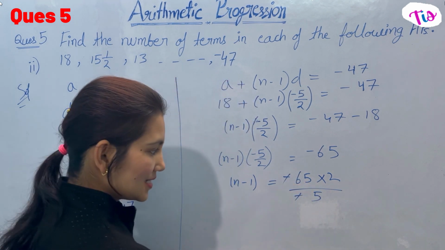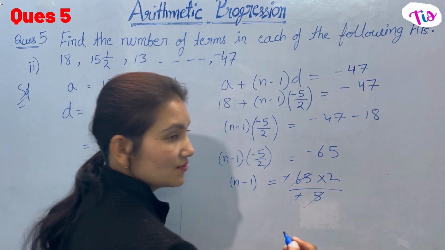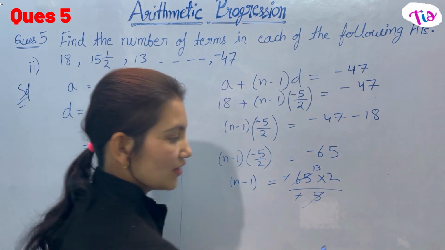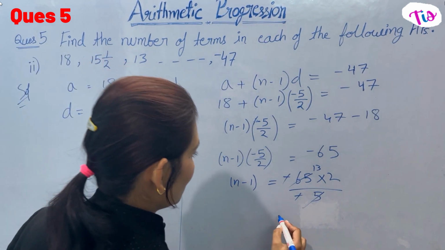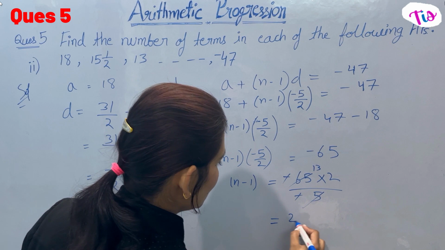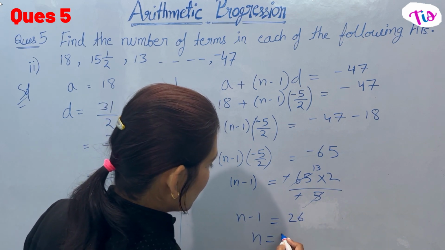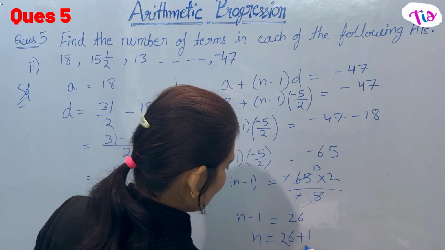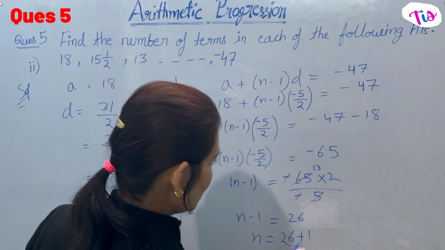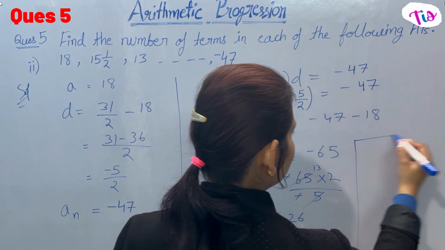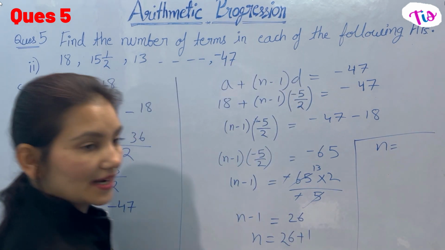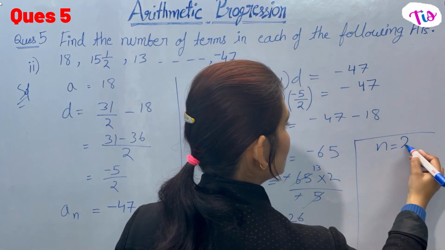Minus minus cancels out. 5 into 13 is 65, right? So 13 times 2 is 26. So n minus 1 is 26. So n will be equal to 26 plus 1, and 26 plus 1 is 27.